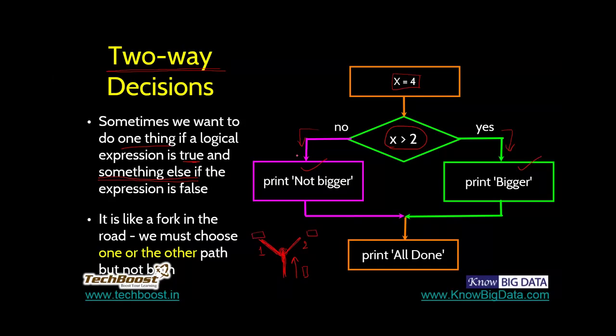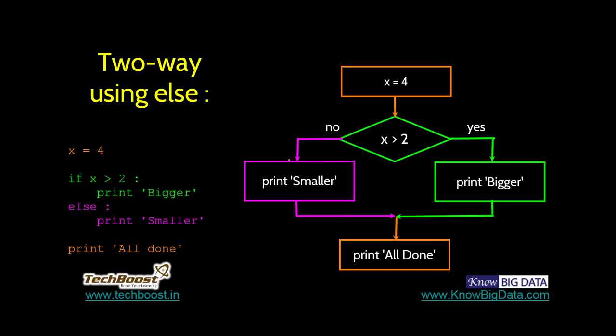Now let's see the exact code. This is how you write two-way conditions. Now we have another keyword. In a one-way decision, we just had the if keyword. If we want to make a two-way decision, it will follow if and else.